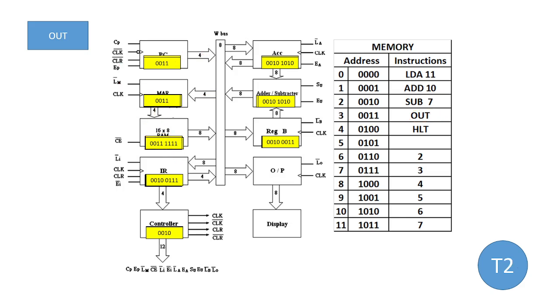So now T2, the program counter will just be incremented. So ito po. And after that, on our T3, the value of our RAM will then be accepted since our CE and LI is an active pin, it will then go to W bus, and also be accepted here on our IR.